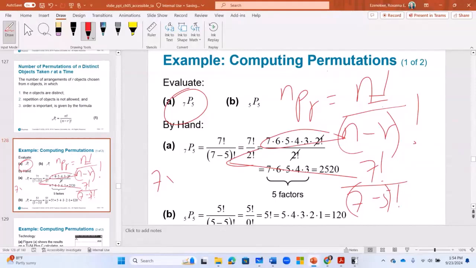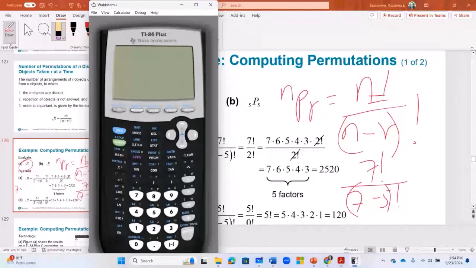Is this answer correct? Let's find out with the calculator. I know we don't have time, but we can finish this. I'm going to calculate 7 permutation 5, where order is important.